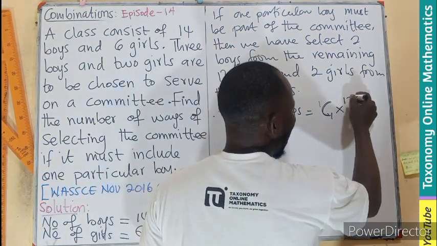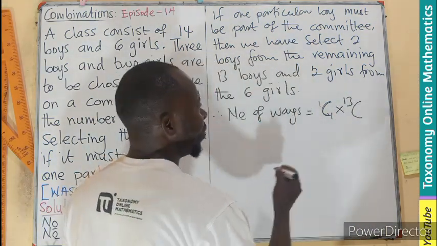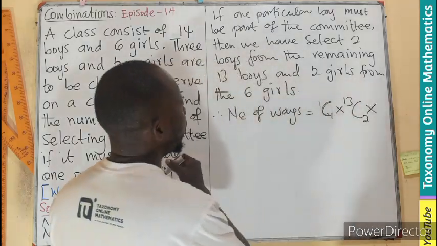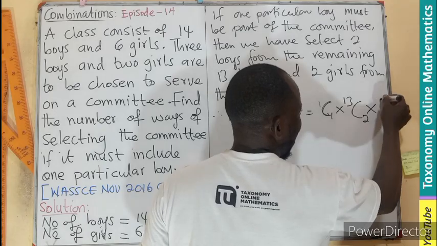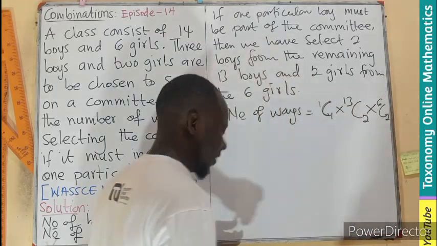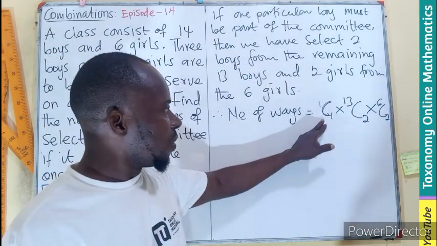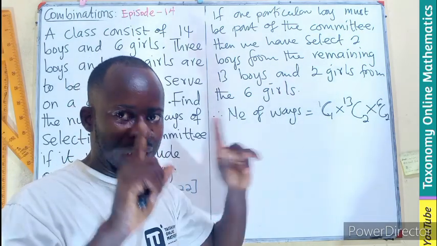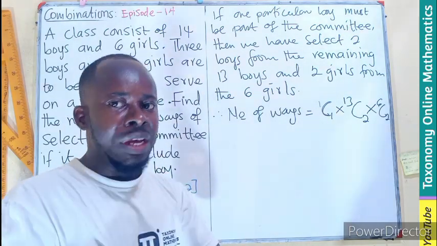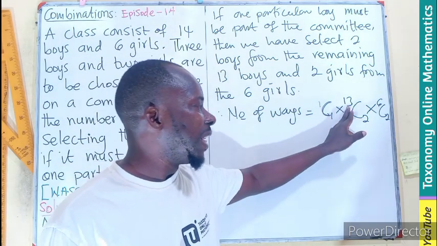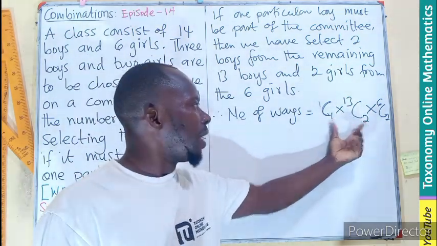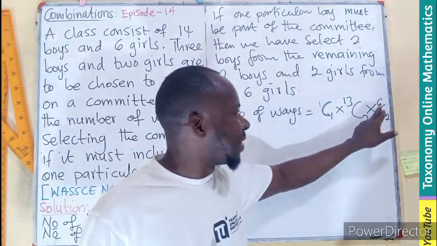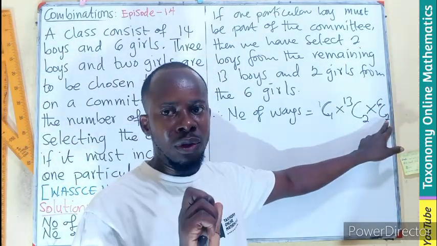Then times 13 combination 2, the 13 boys from which we select only 2, making it 3 that we are asked to select for the committee. Then there are 6 girls. We are picking only 2 out of that.